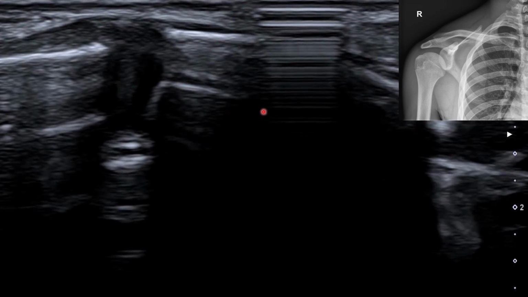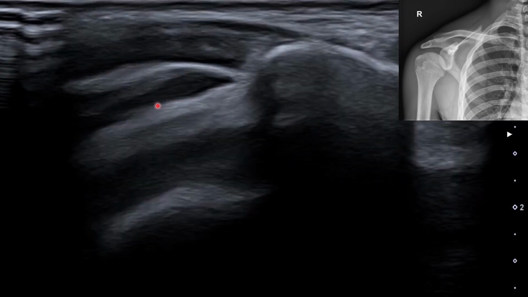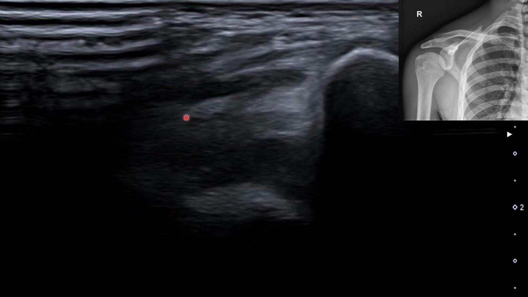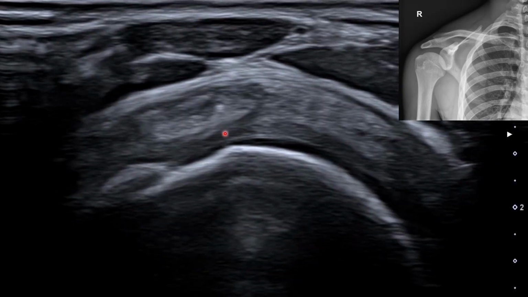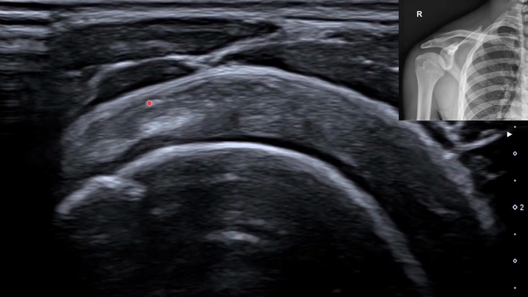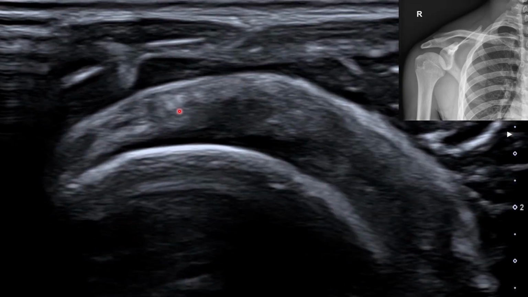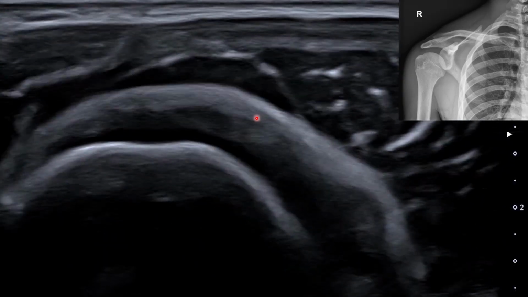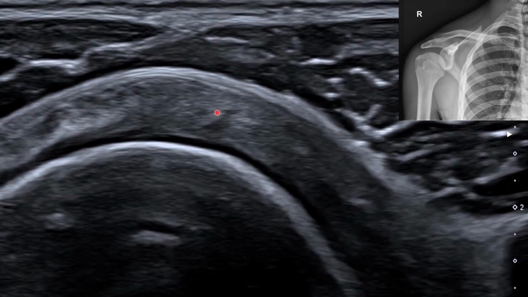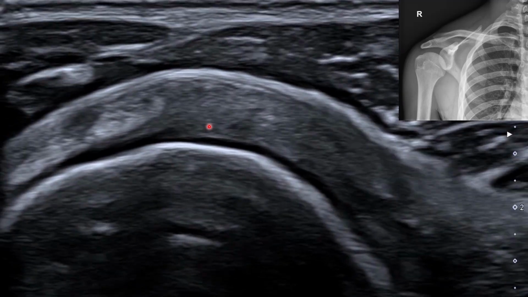So you can now appreciate the whole length of the supraspinatus tendon there. It looks very okay. But if you misangulate the probe, you see this anisotropy that is happening. It looks like there's a tear. That one is anisotropy, you see anisotropy there.